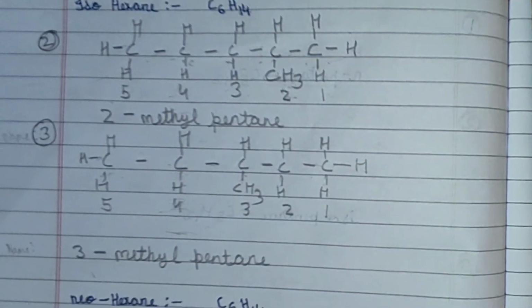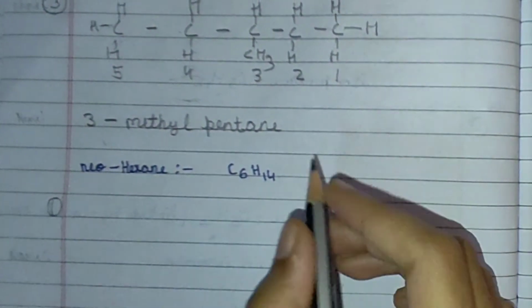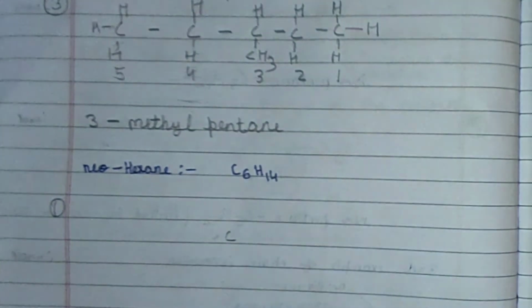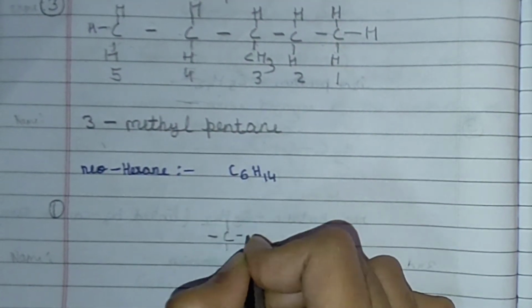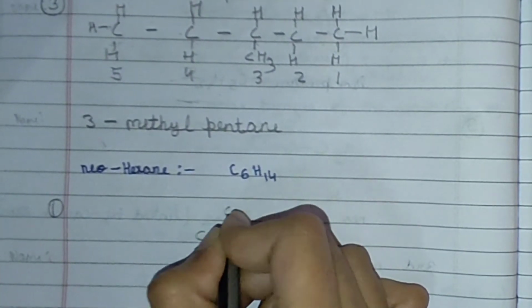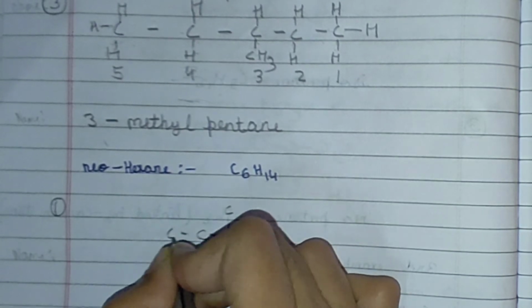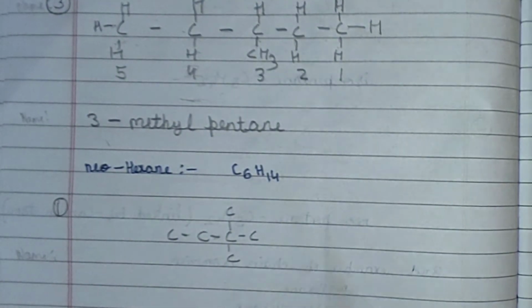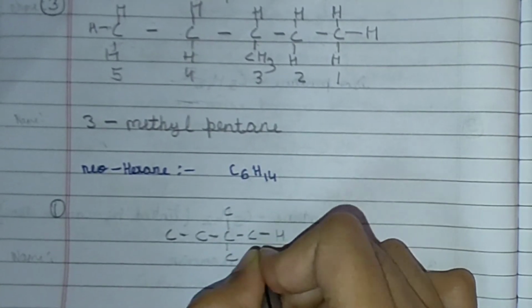Now we have to draw neohexane. Here the carbon atoms are linked, so we will draw one carbon atom in the middle and surround it like this. But we need 6 carbon atoms, so anywhere we can draw the 6th carbon. Okay, now 6 carbon atoms done. Now we have to satisfy the valency of carbon. Here one bond is already there, it needs 3 more.